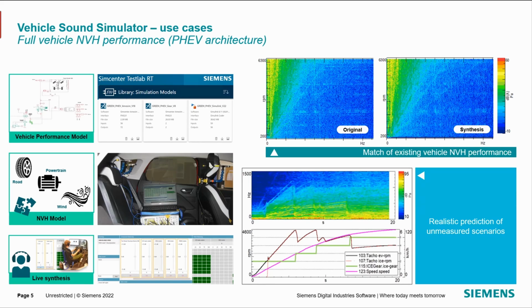That is, in a nutshell, one of the potential uses of this type of tools: the OEM, the user, has for prototyping and development purposes a digital twin in place, and the vehicle sound simulator hooks up onto that digital twin and enables sound attribute quantification and qualification. By the way, this type of vehicle performance model is executed on a similar platform as described by Emilio, which is devoted to real-time operations.